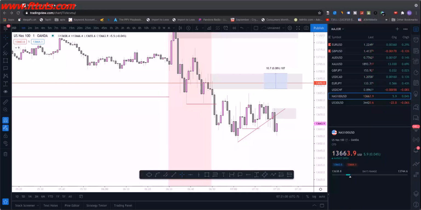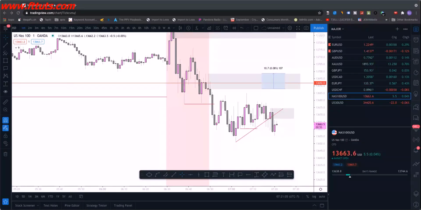Adjusting my stop right above that candle. Okay, and I'm in and out. Perfect.